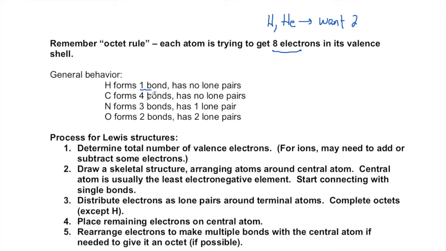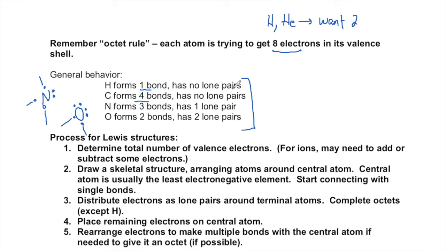Carbon starts with 4 but wants 8, so it will form 4 bonds and have no lone pairs. Nitrogen starts with 5 and it wants 8, so it only needs to form 3 bonds and then it will have a lone pair left on it. And oxygen starts with 6, so it will tend to form 2 bonds and then just have 2 lone pairs on it.